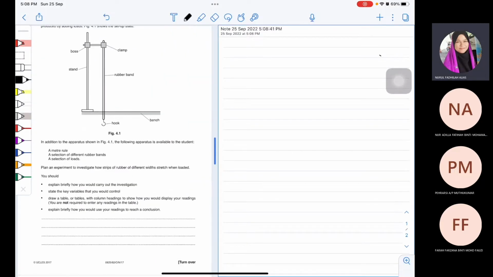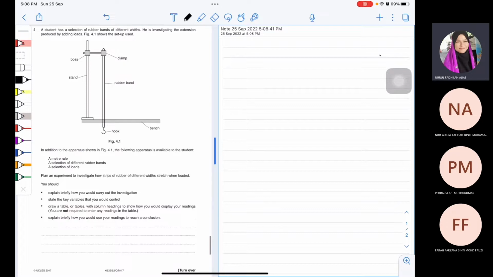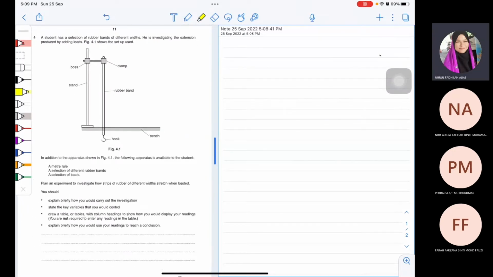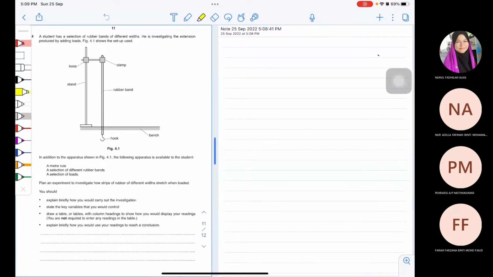Okay. In addition to the apparatus shown in figure 4.1, the following apparatus is available to the student: a meter rule, a selection of different rubber bands, a selection of loads. The student has a selection of rubber bands, so what does he want to find? What do the students want? They are investigating the extension produced by adding loads.